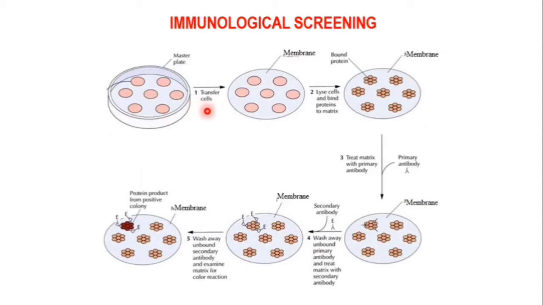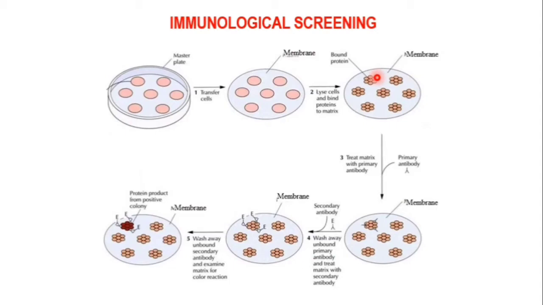Using that, we can make a replica onto a nitrocellulose membrane. We'll get an exact copy of the colonies on the nitrocellulose membrane, and we'll lyse the cells present on it. We'll allow the proteins from the colonies to bind to this nitrocellulose membrane, and the remaining parts of the cells will be removed.